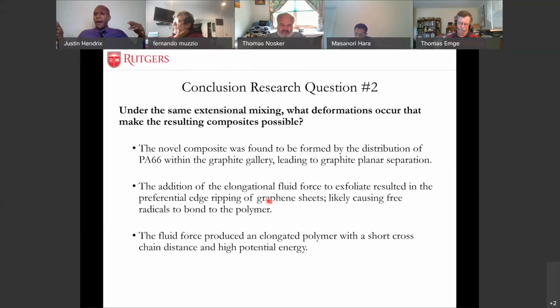Also, the elongation of the polymer itself increases its potential energy, and that flexibility and increased potential energy reduces the chain-to-chain distance, which possibly makes bonding possible.